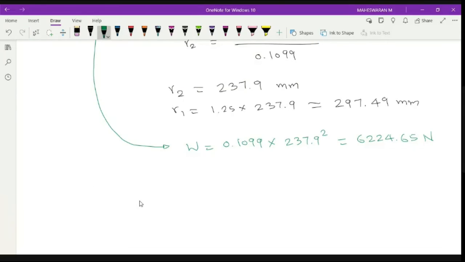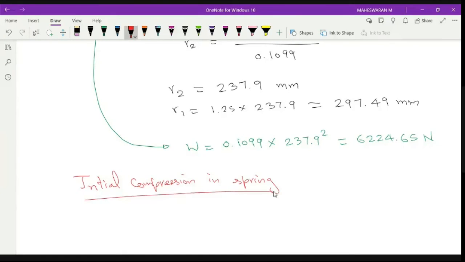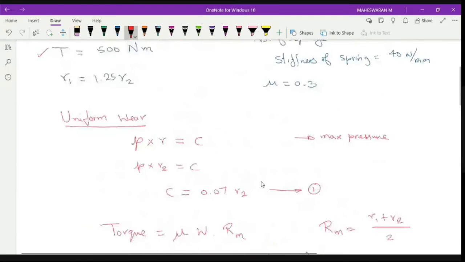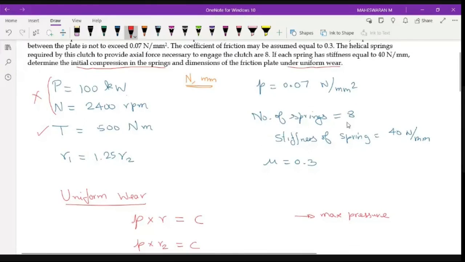the load, the initial compression in the spring. Right? It is initial compression in spring. So what are the data given for that? They are given number of springs, which is 8, and stiffness is 40.